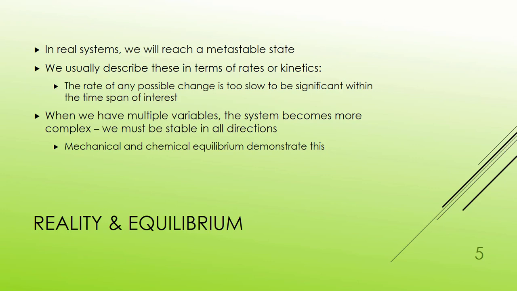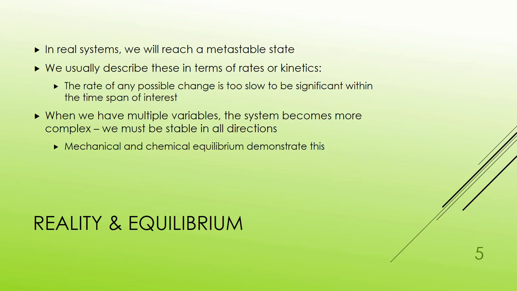So the rate of change is too slow to be significant within the time span that we're interested in. I typically get bored looking at a system that is nearly at equilibrium within just moments. But if I'm doing experiments, I might wait longer, minutes, even hours, before I declare that I'm at equilibrium.